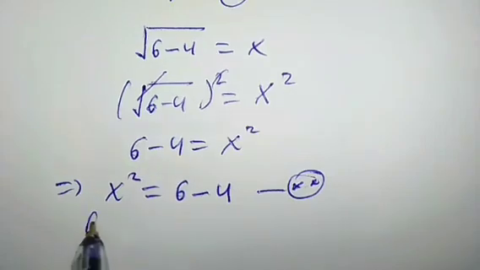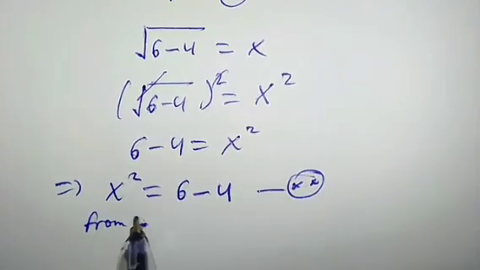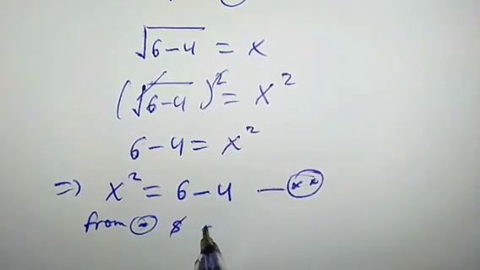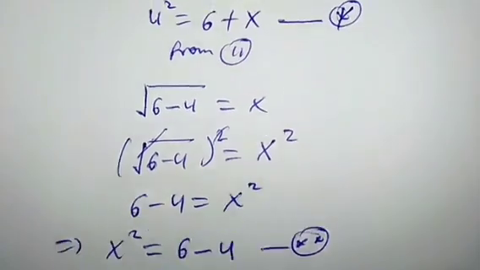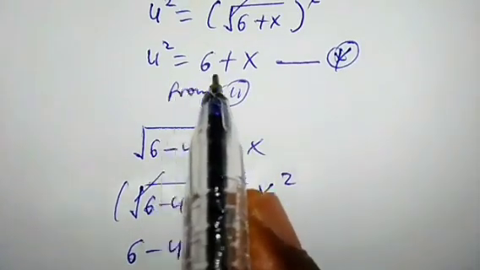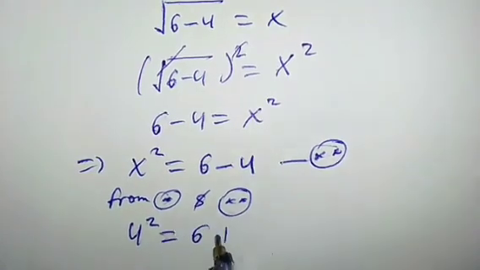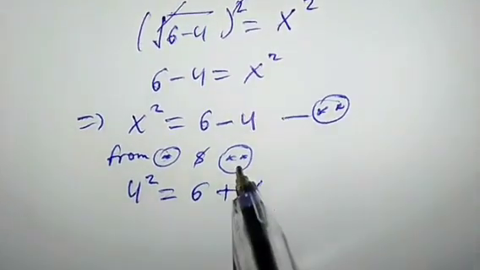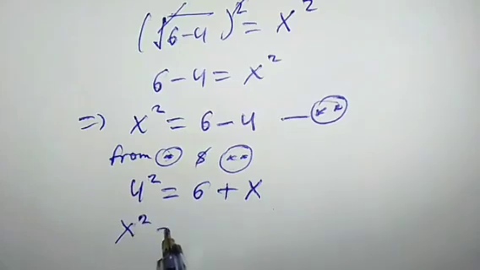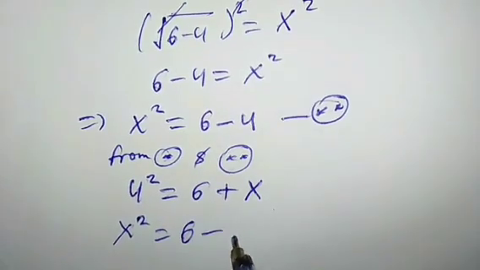Now, from equation star and equation star star, for equation star, we have u squared equals 6 plus x, and for equation star star, we have x squared equal to 6 minus u.